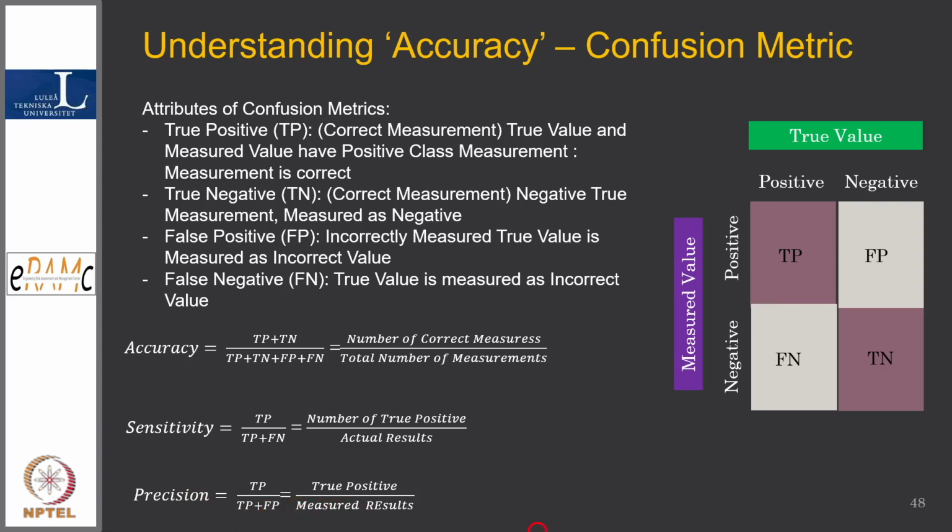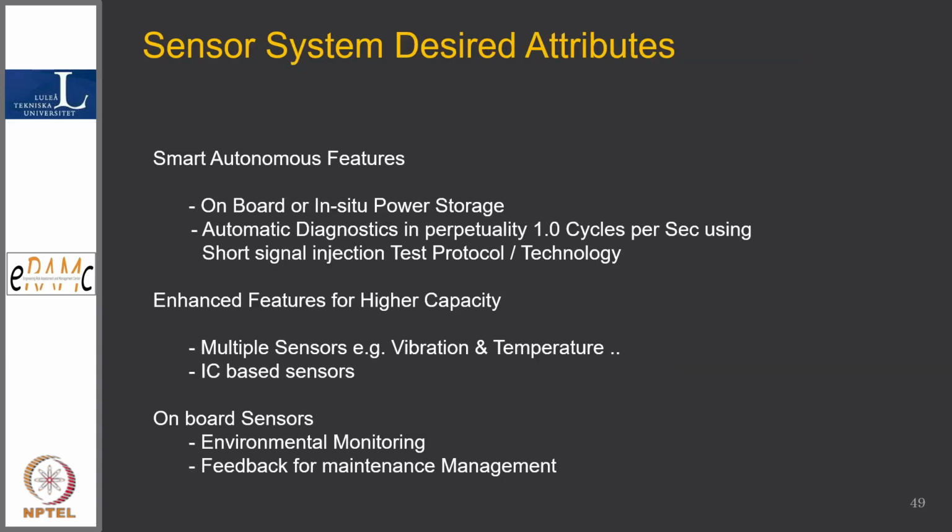TP is again our correct value, and what we got is TP plus FP. Positive, negative. So I think now we are pretty clear about the definition, but now visualization through confusion matrix.